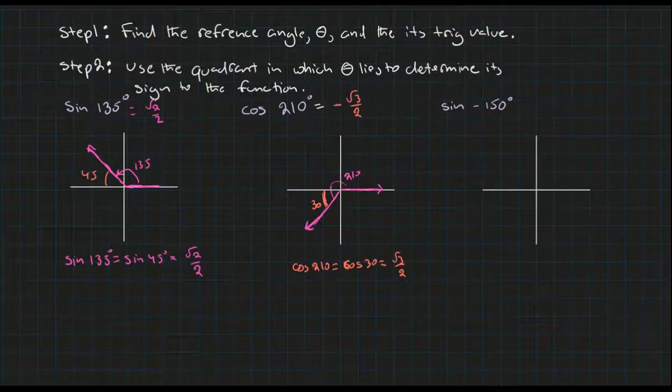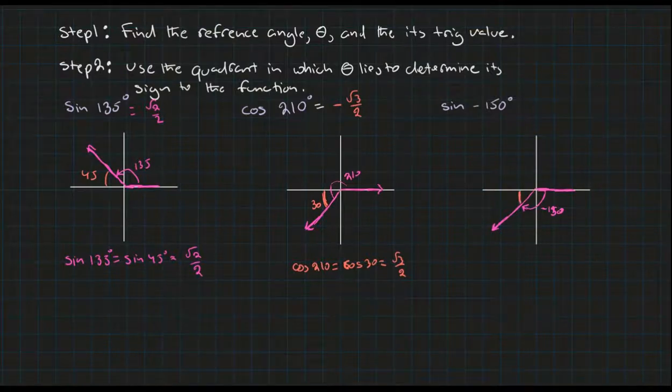So the last one, sine of negative 150 degrees. Can I find out what the sine of negative 150 is? This is going to be somewhere right over here. Going clockwise, so this is negative 150 degrees. The reference angle is right over here.